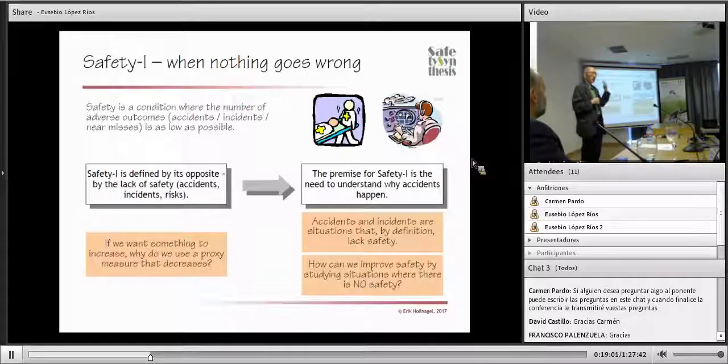I have, on several occasions, been the opponent of a doctoral thesis about safety. And there was one some years ago in Norway, a guy who actually was an ex-pilot from the US Air Force, who wrote a very nice thesis about safety, but he never defined what safety was. 200 pages about safety, and he never says, this is my definition of safety.